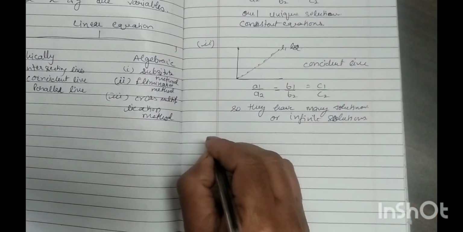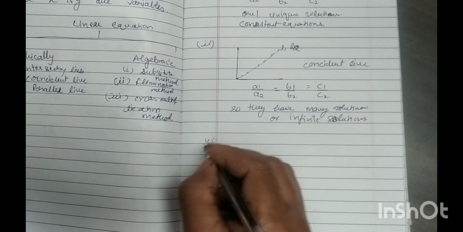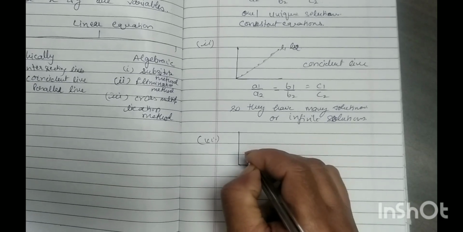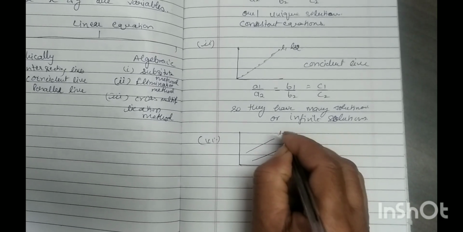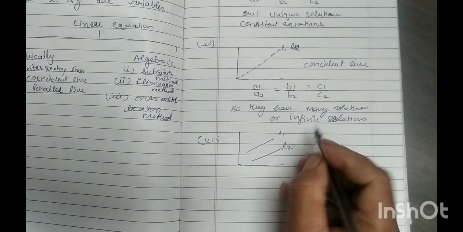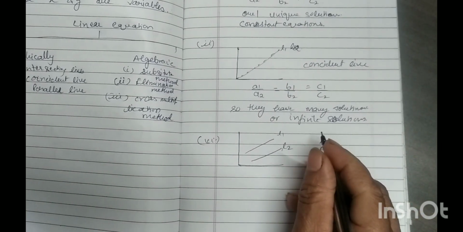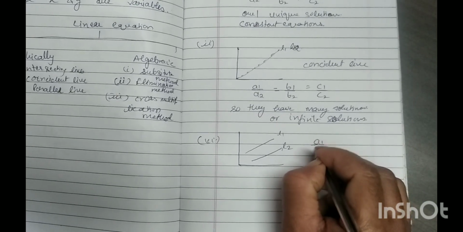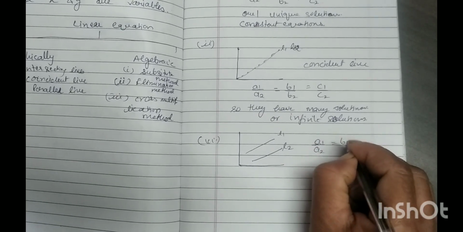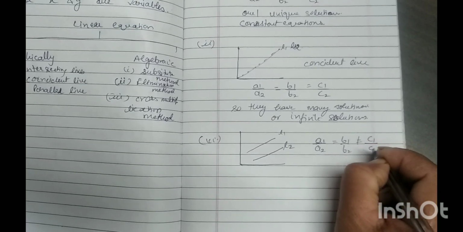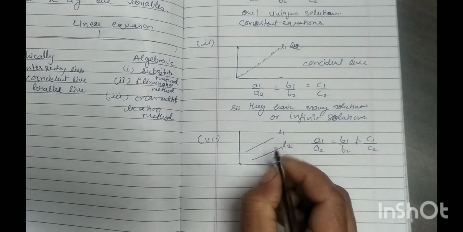Third type is parallel lines. In the graph, we find parallel lines. They have a1 upon a2 equals b1 upon b2, but this is not equal to c1 upon c2. Clear?